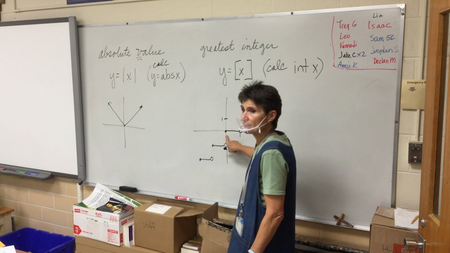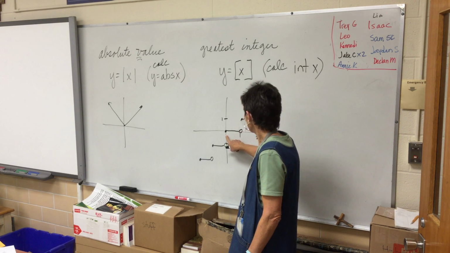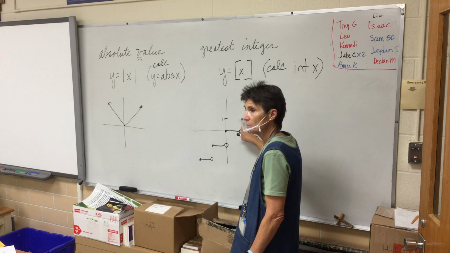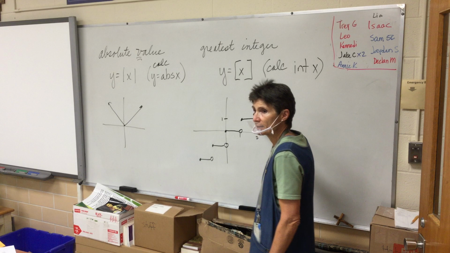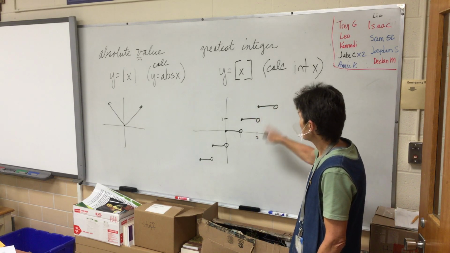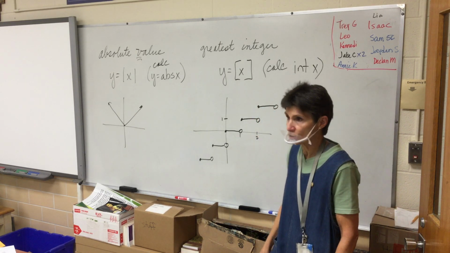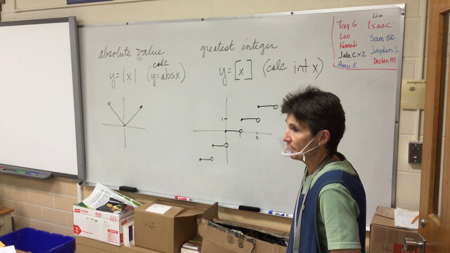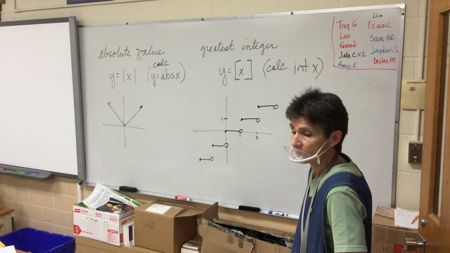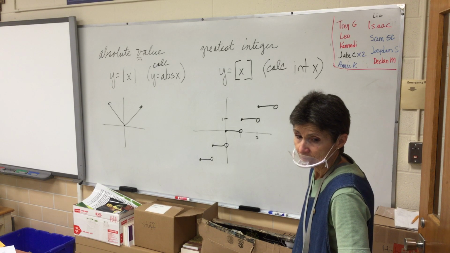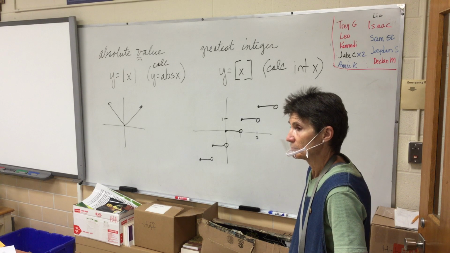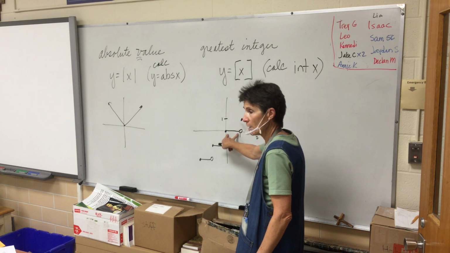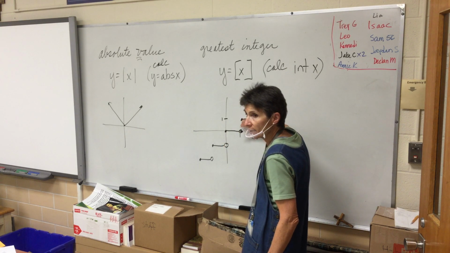Then you should be okay. Sometimes things like this are called step functions. It's pretty obvious why that might be called a step function. These are 1 unit long, and these are 1 unit high.